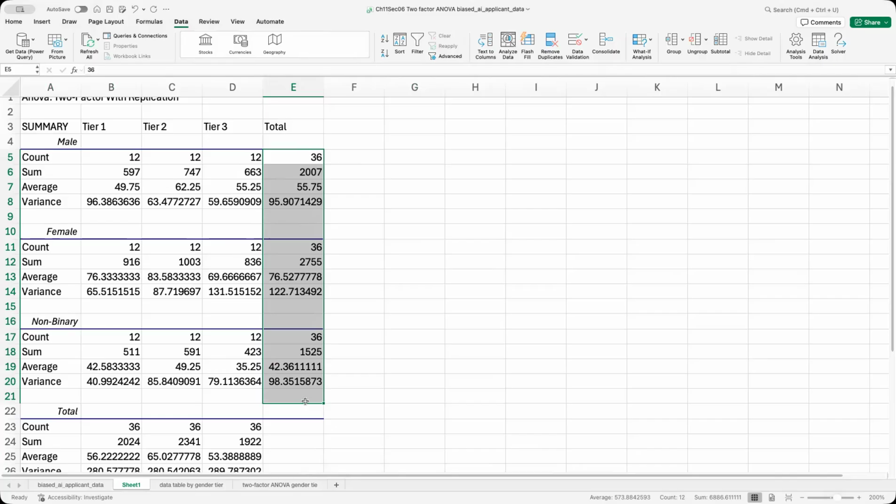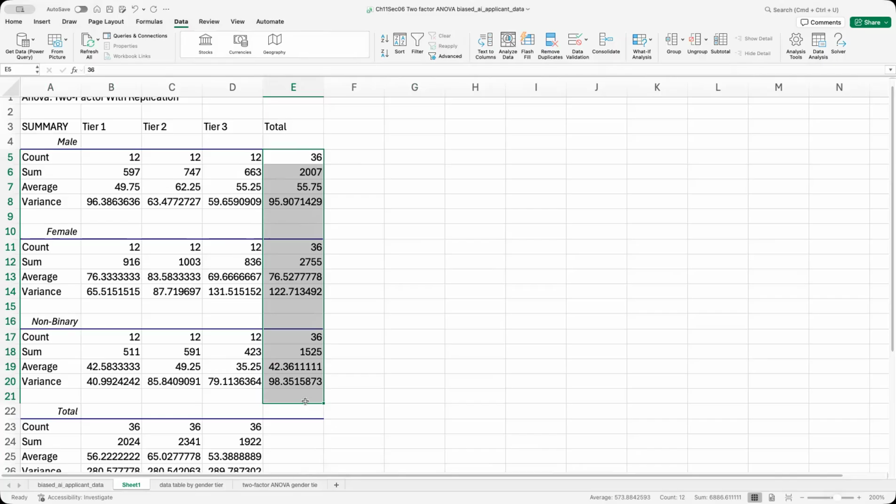What do you notice about the average AI scores by gender? Leo?